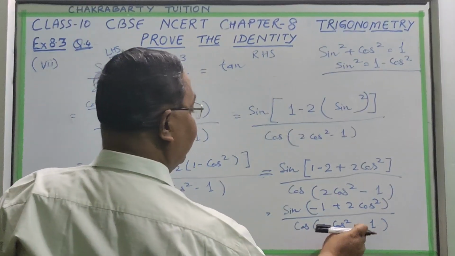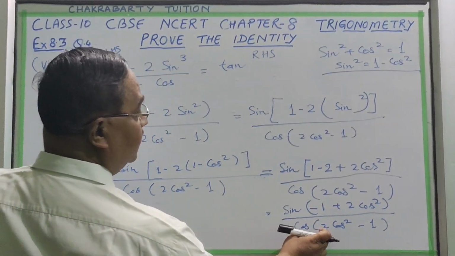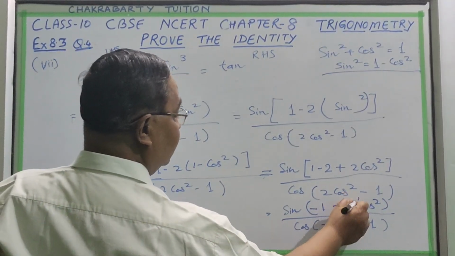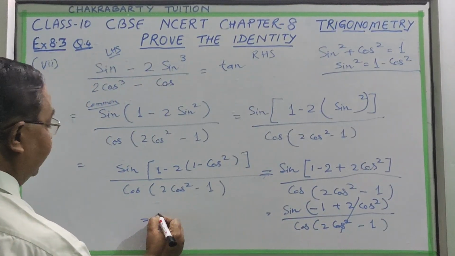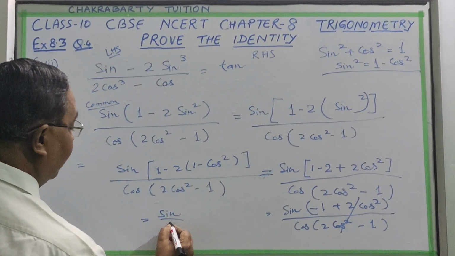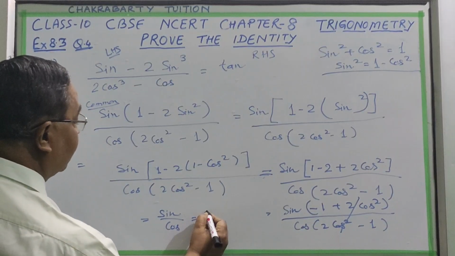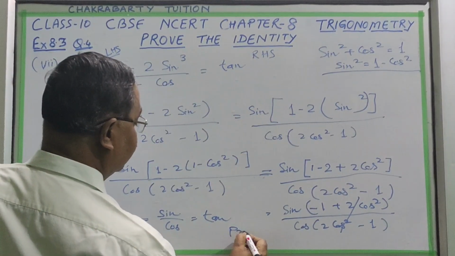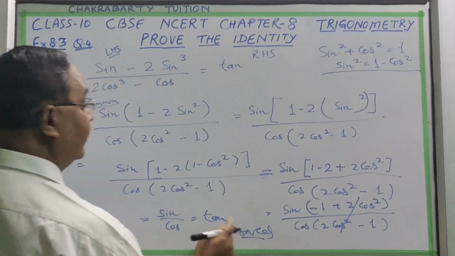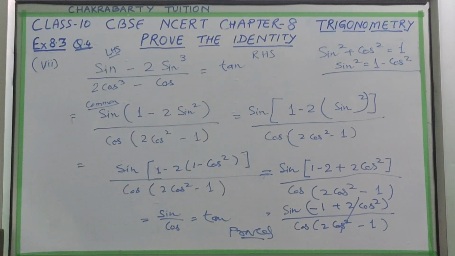You see, minus 1 plus 2 cos square is common, so this you can cut. What is remaining with you is sine upon cos. Sine upon cos is equal to tan, and that is what you wanted to prove, so it is proved. In this way you can prove the 7th. Now we will go to your 8th question.